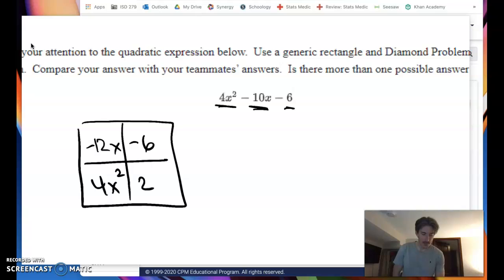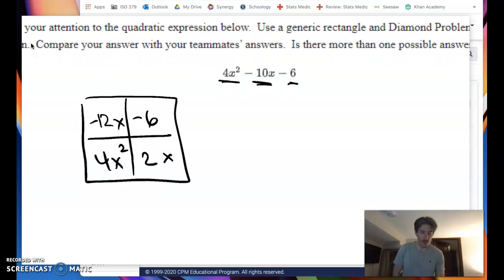Obviously, I need x's here. Okay, now I can go ahead and start doing some thinking. I can say, all right, the factors of 4x, well, I can use things like 4 and 1, and then I need to get a 12 here, right?